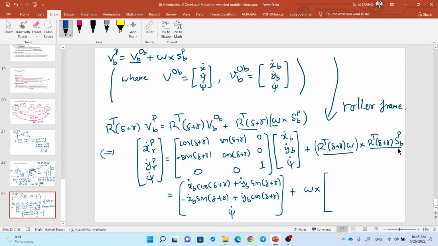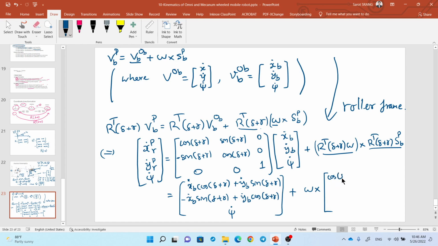This one becomes L cosine or sine, this one. Maybe we need to find it first.